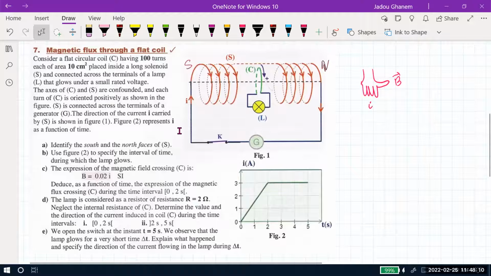Okay, I'm just receiving your answers for this part also. The first correct answer, yes, thank you. Second correct answer. Great. Third correct answer.